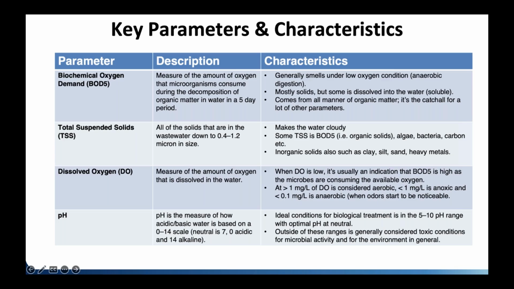Like, you won't get a colony of bacteria living in a vat full of acid, right? It can't grow in acid. And so you do need to pay attention to this as a wastewater operator and engineer. The more neutral the better, but it can operate within certain ranges around neutral.